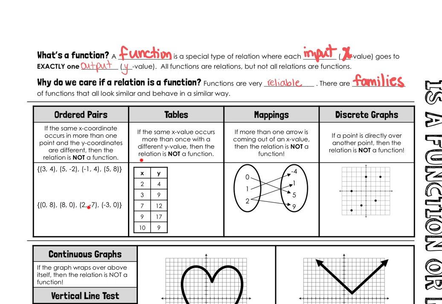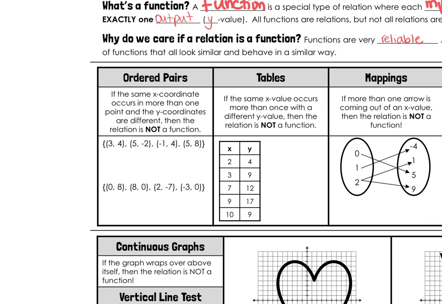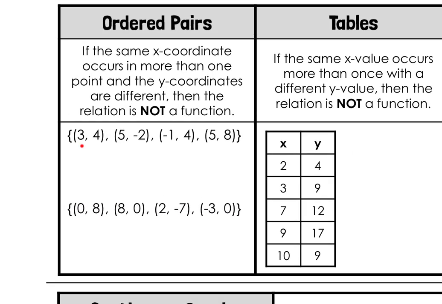Which means when we are looking at these ordered pairs, really we want to focus on these x values. If this x value repeats, like it does in these 2 points, this is the 5, -2, this is the 5, 8. What this means is that the x value of 5 has 2 different outputs. So this is not a function.